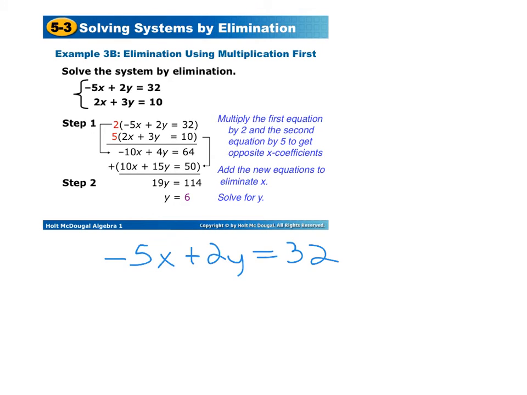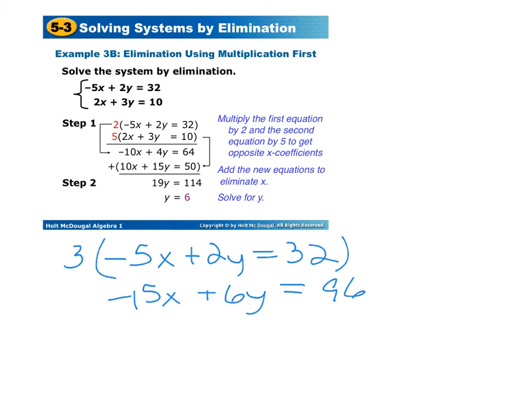What number am I going to try to make y? What's the common denominator between 2 and 3? 6. So what do I have to times 2 by to make it 6? 3. So I'm going to multiply my first equation by 3. This will become a negative 15x plus 6y equals 96.